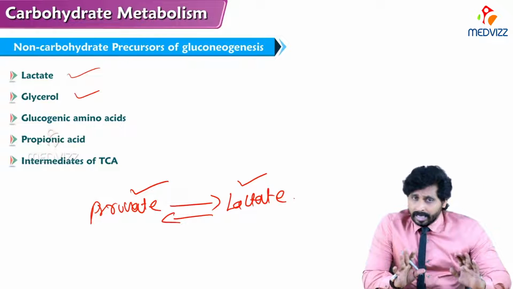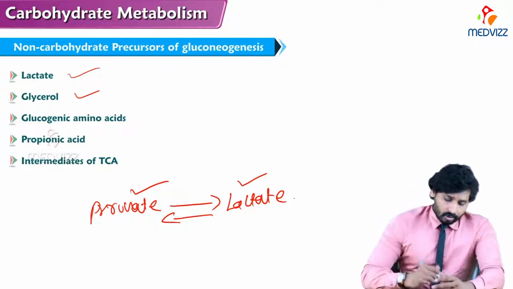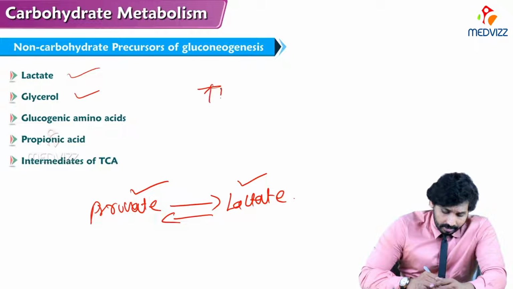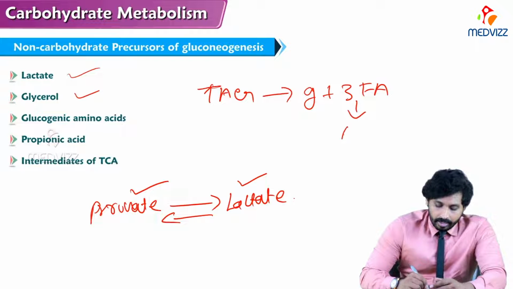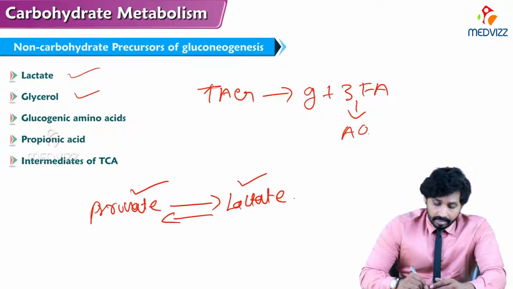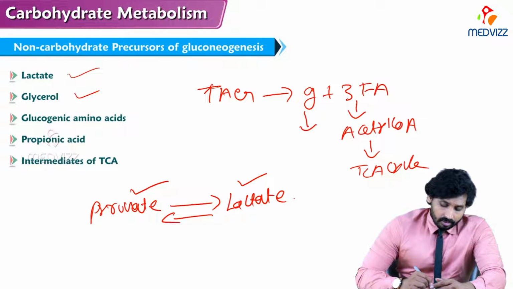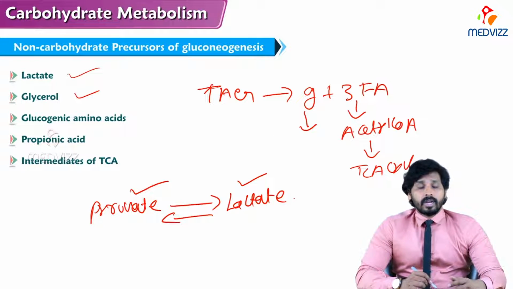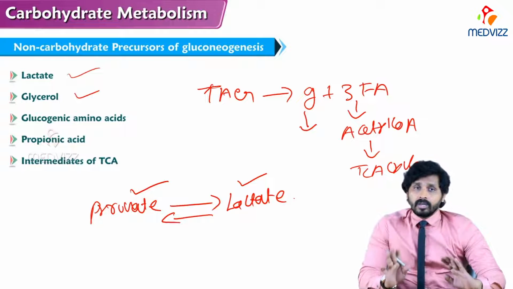Then glycerol: when triacylglycerols are broken down, TAG is glycerol plus 3 fatty acids. These 3 fatty acids undergo beta oxidation to form acetyl CoA and enter the TCA cycle. And the fate of glycerol is that it enters gluconeogenesis; it is shifted to the liver, and there it is used to make glucose.